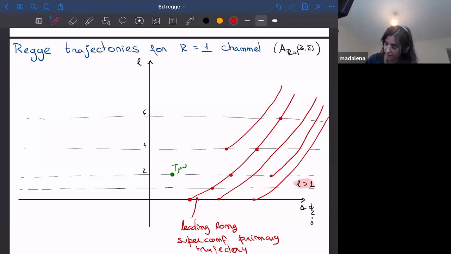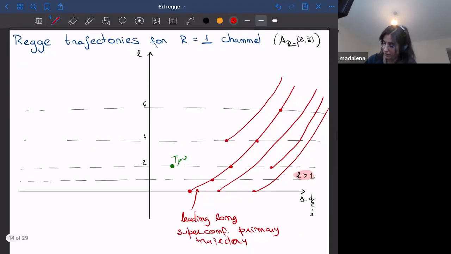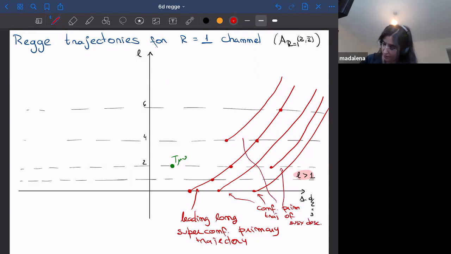And this single trajectory will induce different conformal primary trajectories. And these are conformal primary trajectories of SUSY descendants. All of these that I drew here.